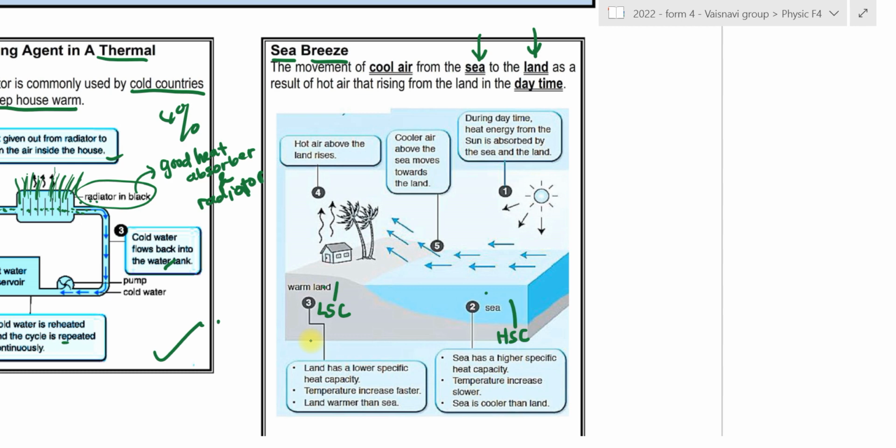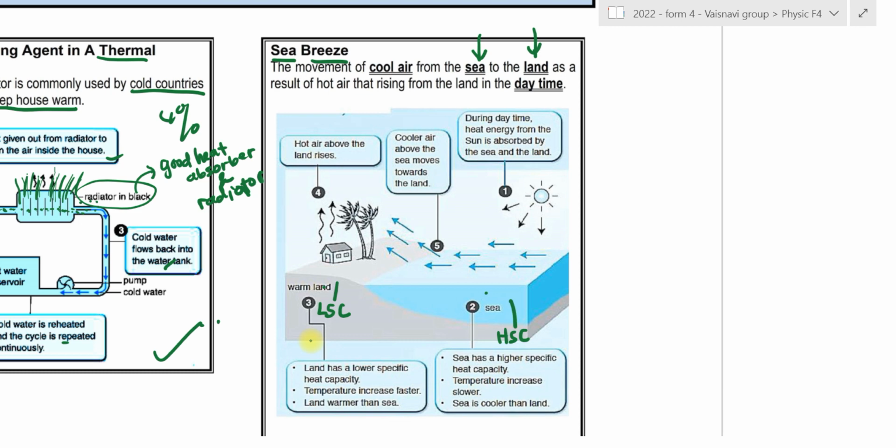Number 2, the sea has a high specific heat capacity, so its temperature increase is slower. As a result, the sea is cooler than the land. On the other hand, land, which has a lower specific heat capacity, experiences a very fast rise in temperature. As a result, the land is warmer than the sea.